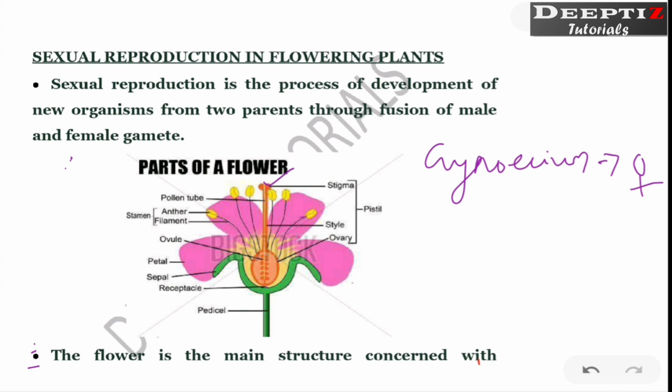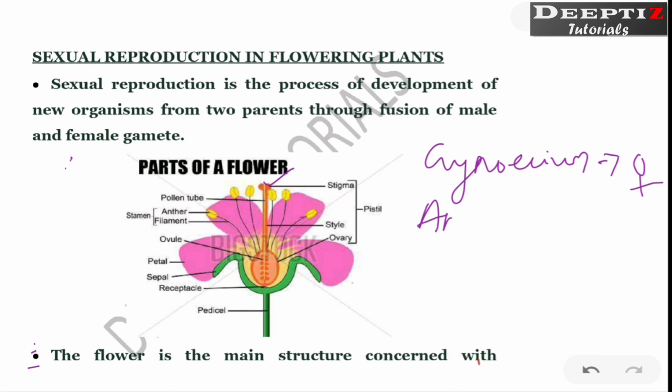Some flowers have many. In such a situation, the female reproductive part is termed as gynoecium. You can remember it in terms of gynecologist, the one who treats female reproductive disorders. In the same way, this whorl is related to the female reproductive part of a flower.